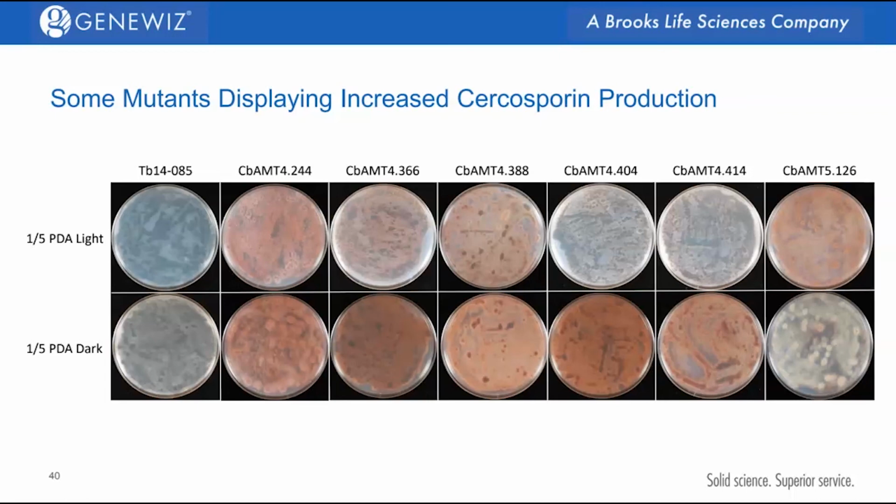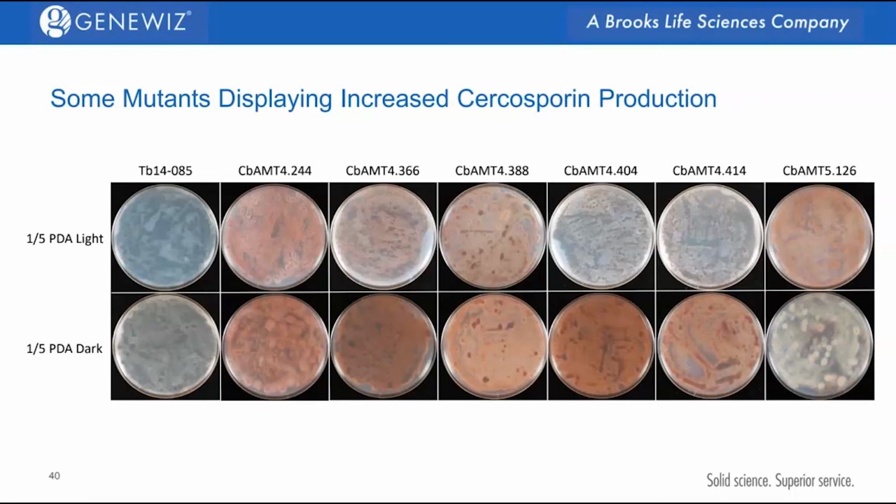In the previous slide that I showed of Cercospora zeamaydis, it was so bright pink that I could see with my eyes that there was cercosporin production. But with this strain of Cercospora beticola, it may be so low that I cannot actually see it.